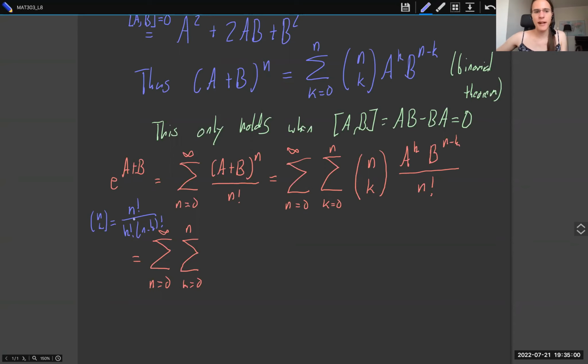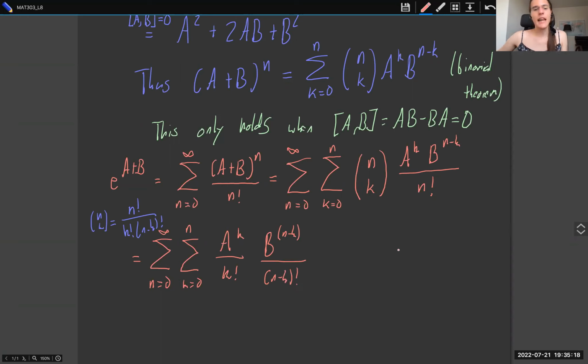So that n factorial at the top is going to cancel the n factorial at the bottom, and we can write it as a^k divided by k factorial and b^(n-k) divided by (n minus k) factorial.